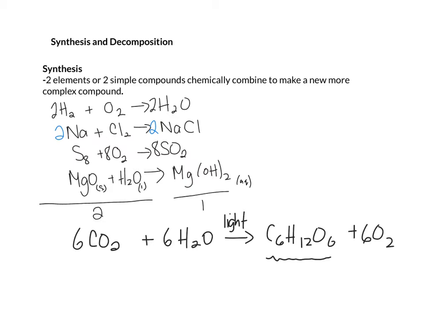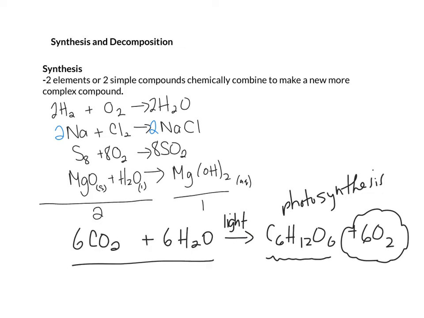And it just so happens it also releases oxygen to our benefit, so life can exist on planet Earth. So this is called photosynthesis. So in this case, you have a more complex compound plus something else being made. But you still have 2 reactants. So keep an eye out for these.